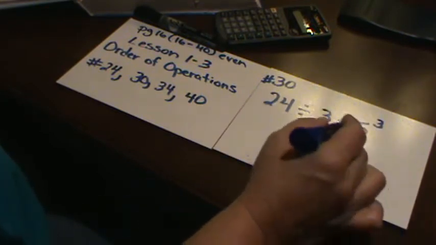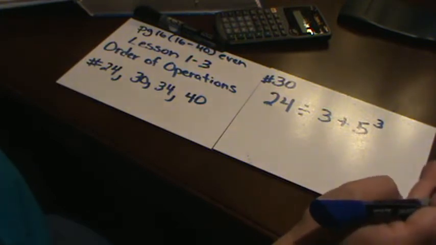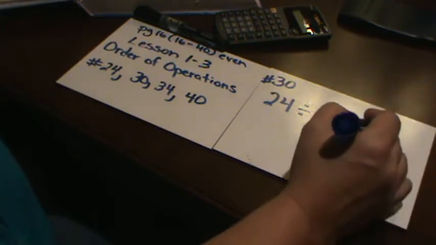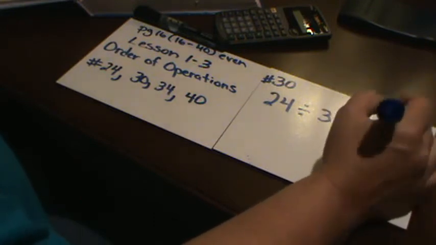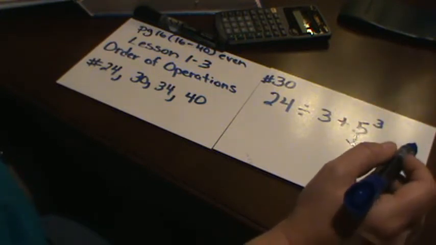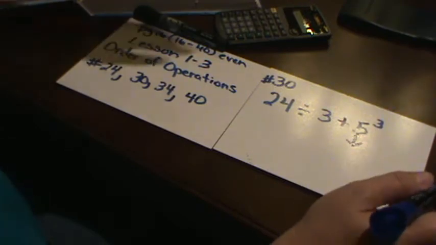Now, I have no parentheses, right? So the second step says that I need to do all exponents. So I need to do this right here, 5 cubed. Well, let's say I don't know what 5 cubed is. It's 5 times 5 times 5.